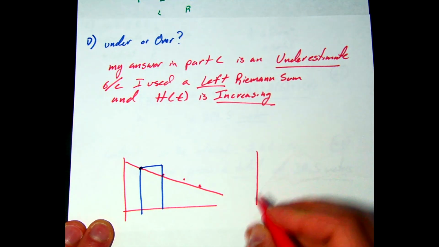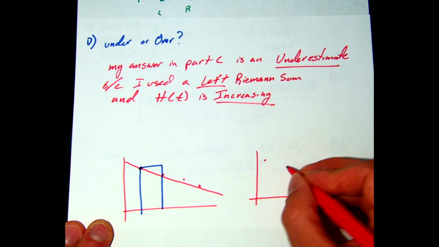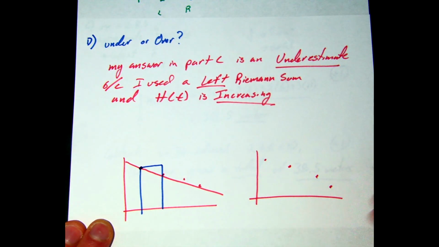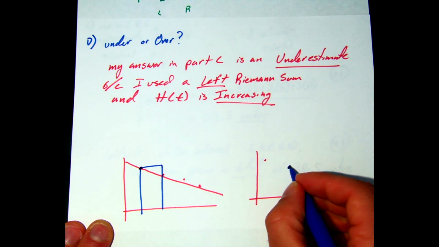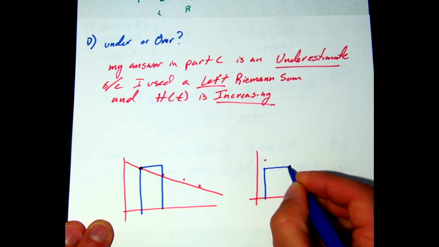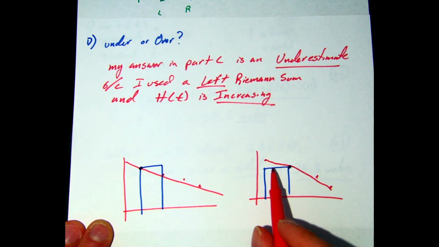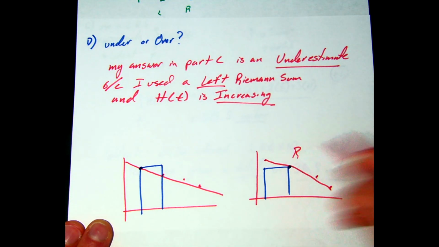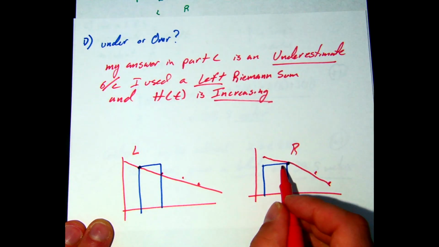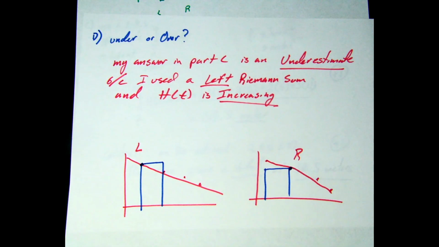If my function was decreasing and I used a right Riemann sum, so now I go to the right side. Oops, it would help if I drew the function in first. Now, if I used a right Riemann sum as opposed to a left, it would be an underestimate. So you have to take into consideration all of those things.